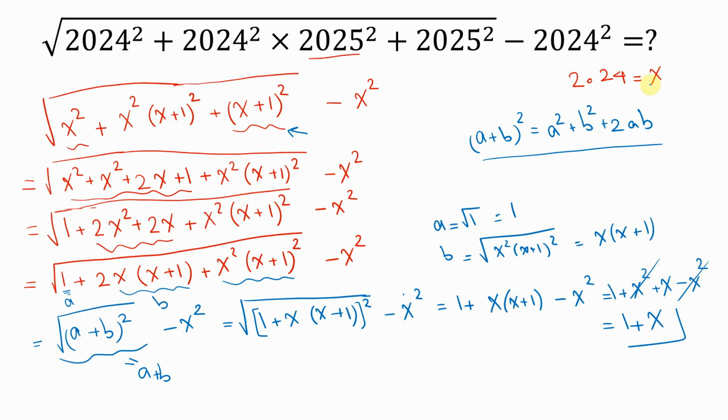And what was x? x was 2024. So the final answer for this radical equation is 2025 squared, about 22025. This is our final answer for this question.